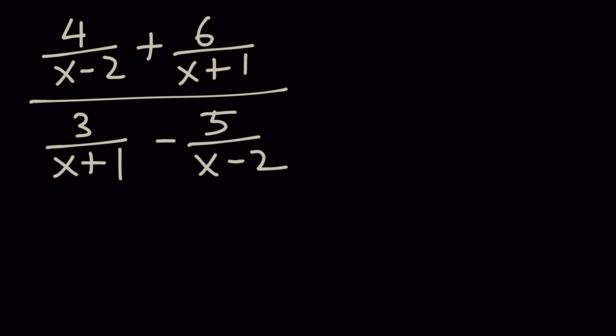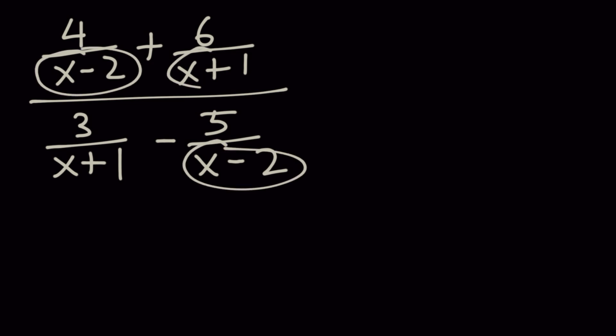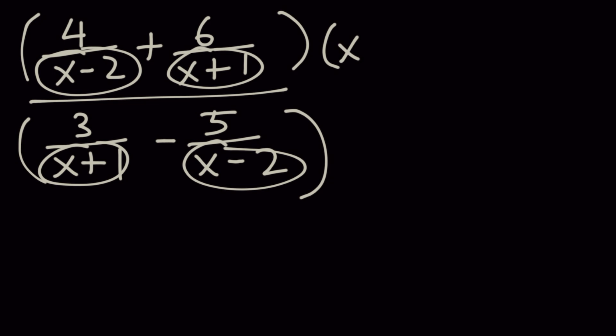Here's the final question. By looking at this question, we can see there are two unique denominators, x minus 2 and x plus 1. So what we'll do is multiply x minus 2 and x plus 1.